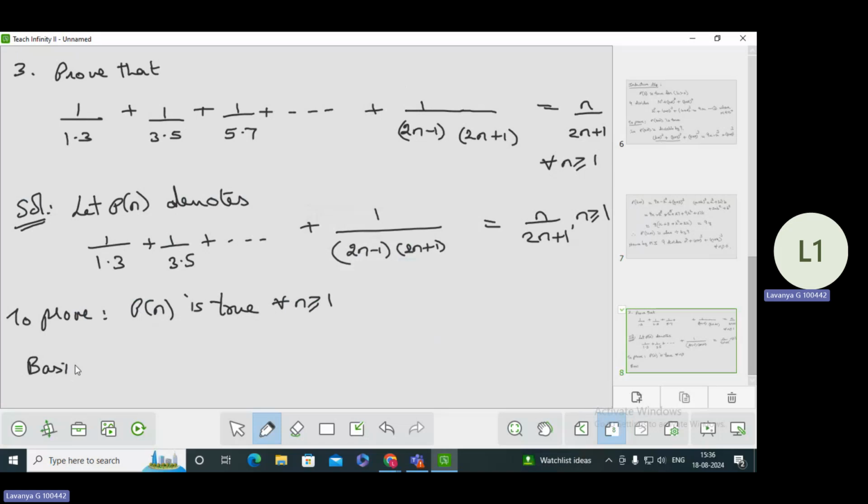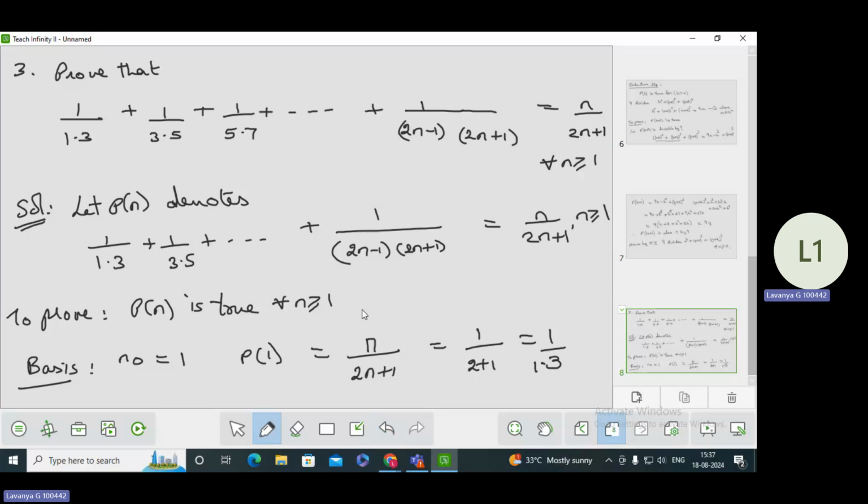So to start, I have to try with the basis. What is the base number here? It starts from n equal to 1. So I have to take my n naught is equal to 1. So initially, I will have P of 1. P of 1 will be n divided by 2n plus 1, that is 1 divided by 2 plus 1, which is nothing but 1 divided by 1 into 3. 3 is the same as 1 into 3.